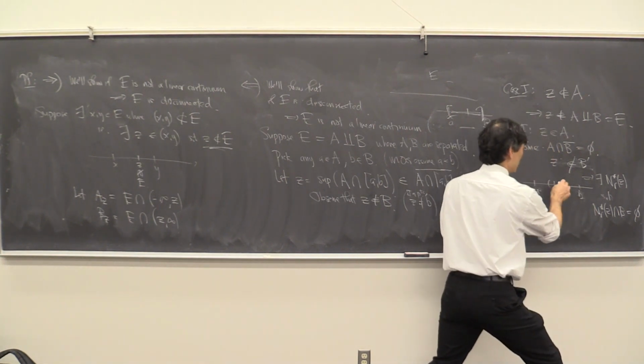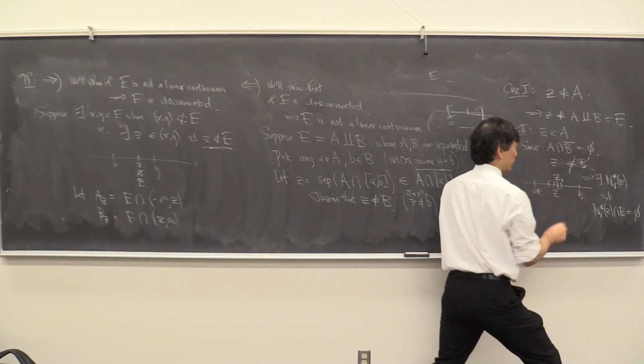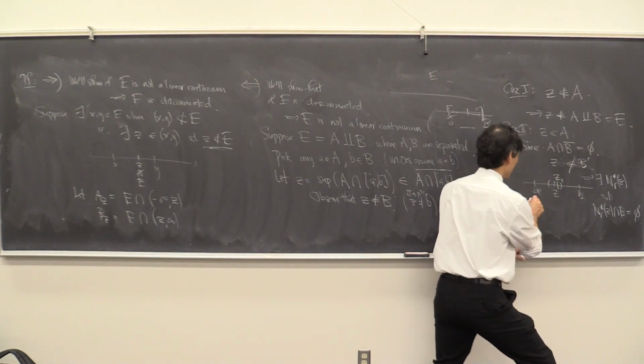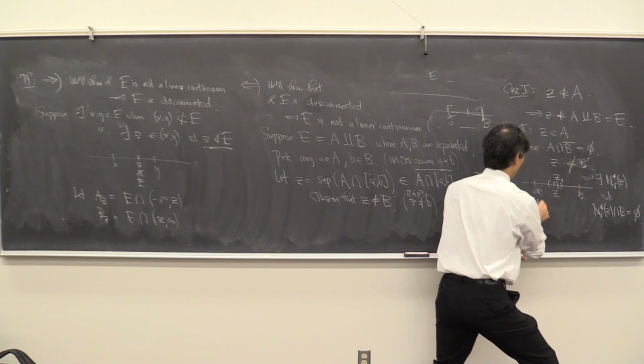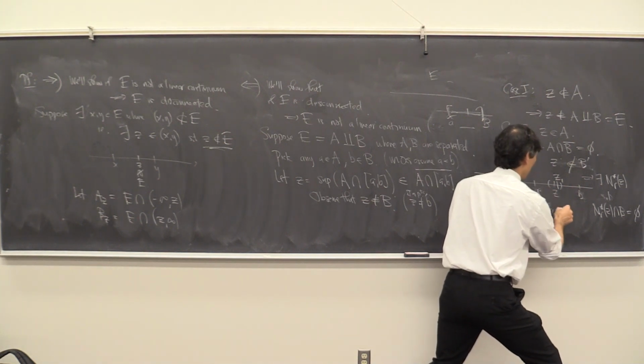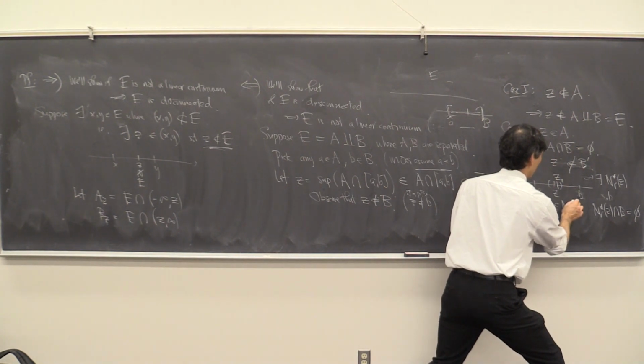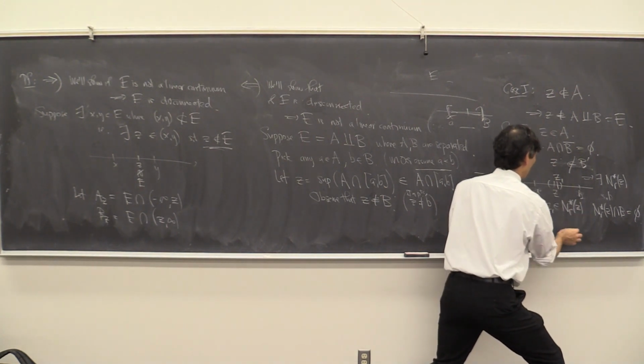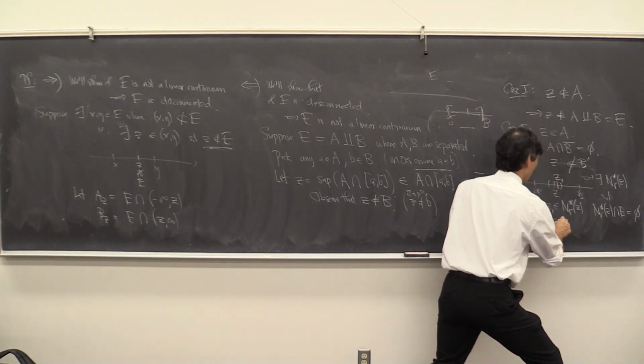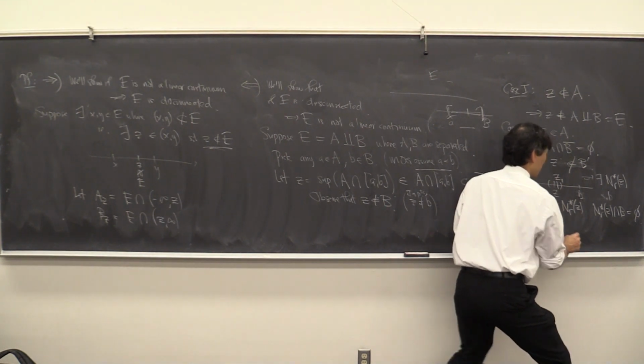Okay, so now just take a point to the right of z. Pick z1 inside that neighborhood, where z1 is bigger than z.